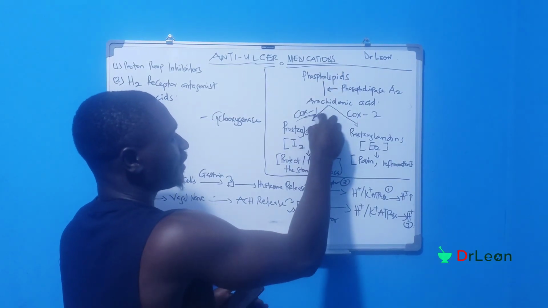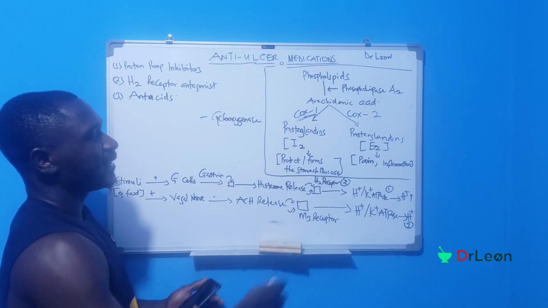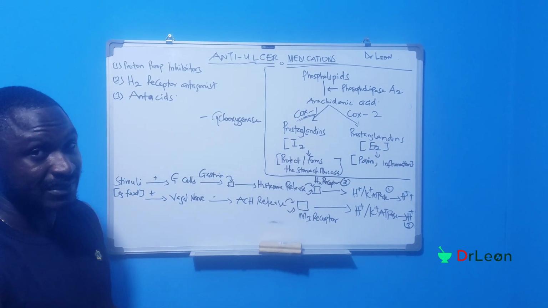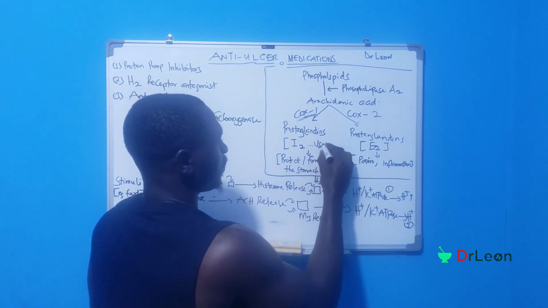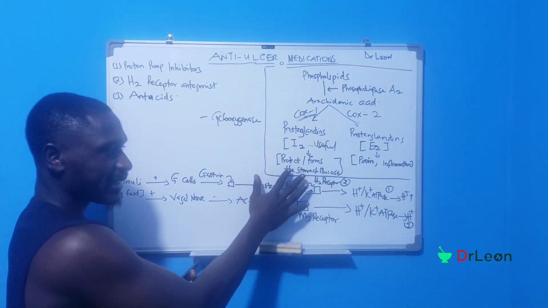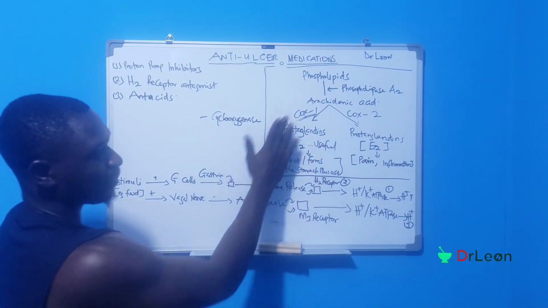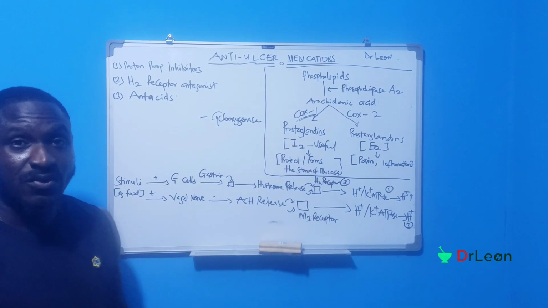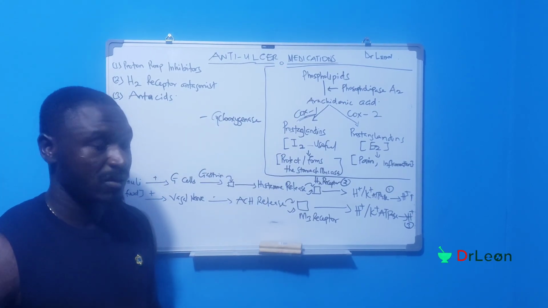When this arachidonic acid is produced, it converts the arachidonic acid to a certain type of prostaglandin, and this prostaglandin is very useful. The body uses this prostaglandin to protect the stomach wall, so it's a useful thing. This particular pathway, the COX1 prostaglandin, is very important. The body uses it to protect the stomach wall.